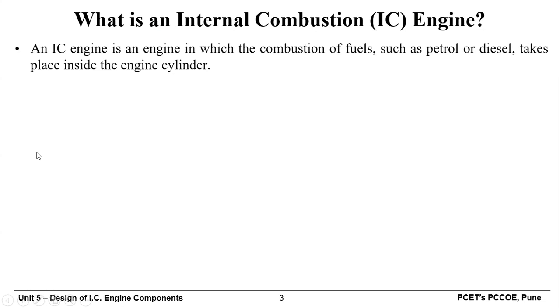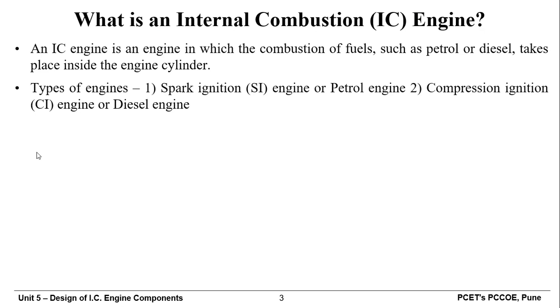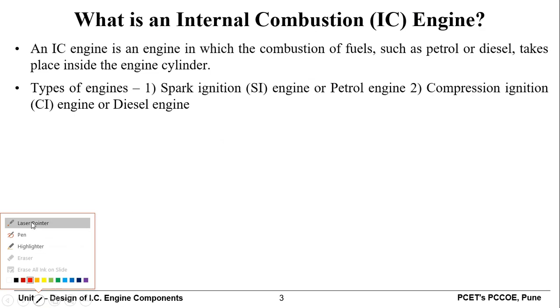So an internal combustion engine is an engine in which combustion of fuel such as petrol in case of petrol engine and diesel in case of diesel engine takes place inside the engine cylinder. And generally the IC engines are classified into two types. One is petrol engine in which the fuel used is petrol.